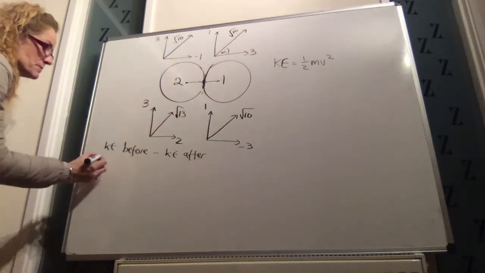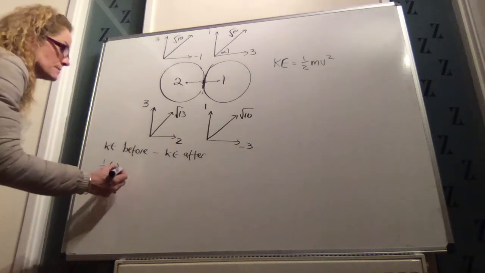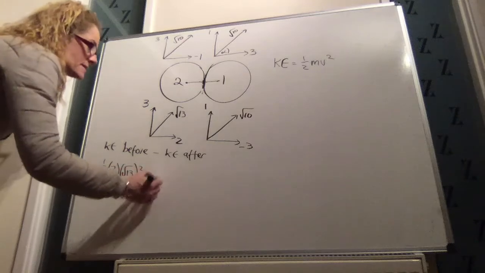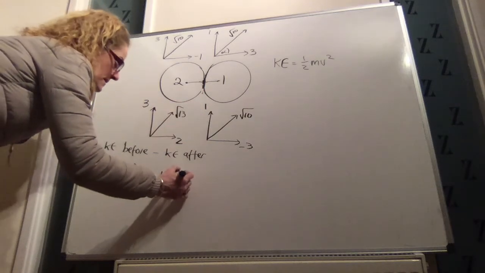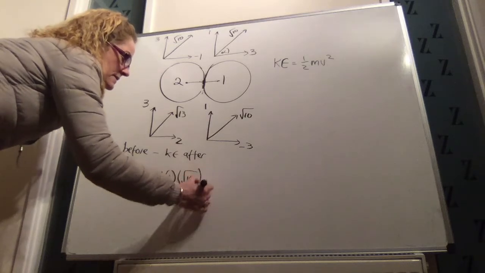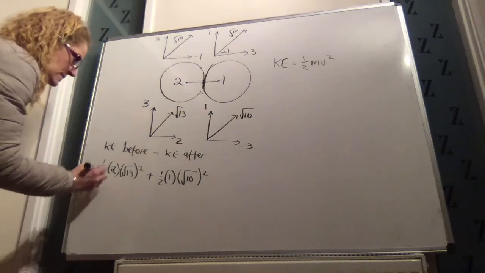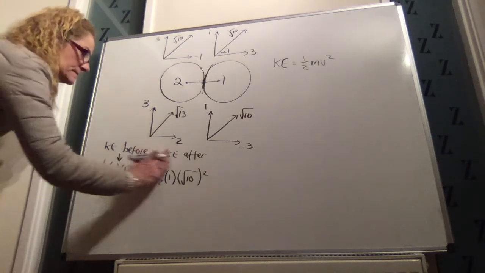So the kinetic energy before is 1/2 times 2 times the square root of 13 squared plus 1/2 times 1 times the square root of 10 squared. That's the kinetic energy before, and we have to subtract out the kinetic energy after.